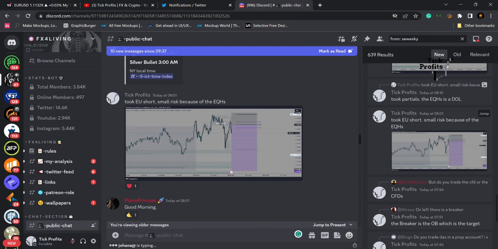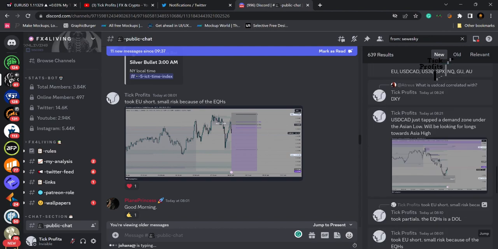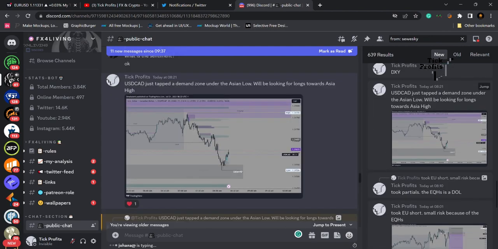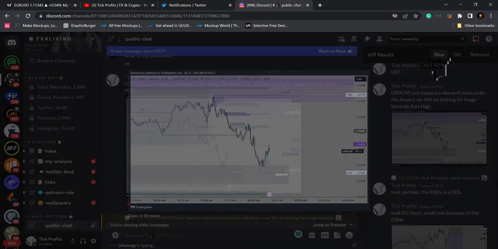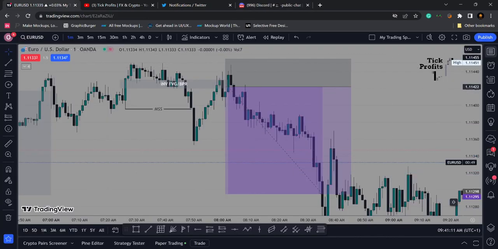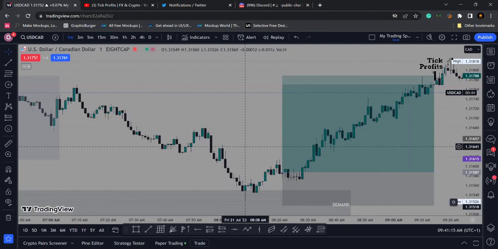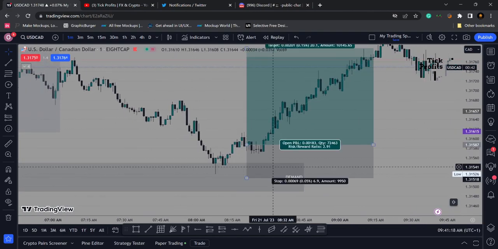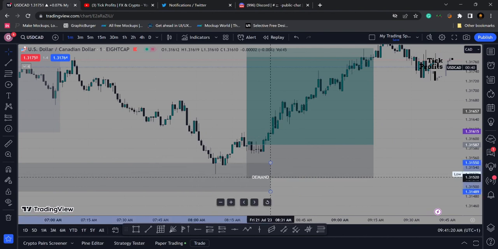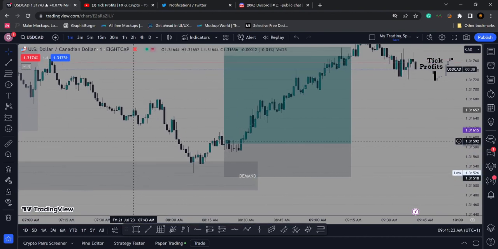So let's go to the USD CAD. The idea behind this was USD CAD tapped into a demand zone under the Asia low, so we'd be looking to long towards the Asia high. Let's go to the chart. You can see this is the demand zone that USD CAD tapped into.